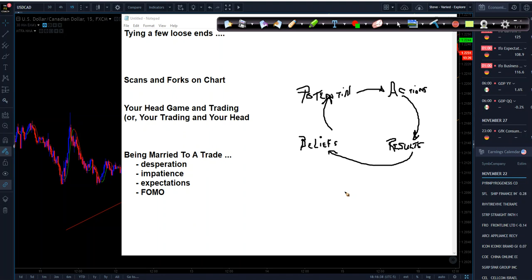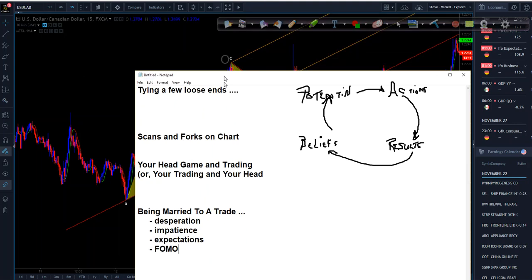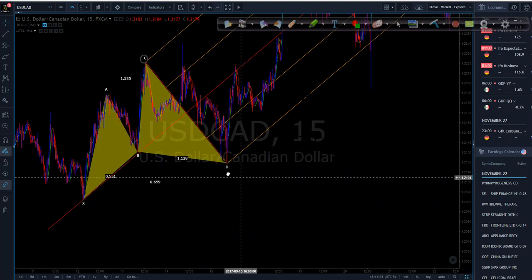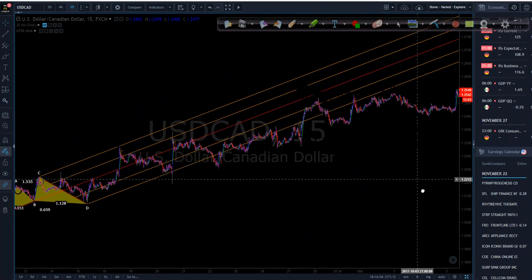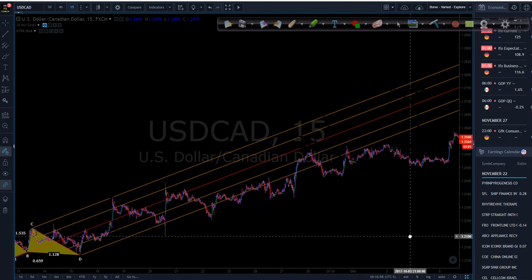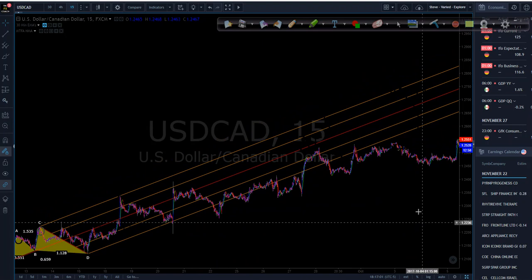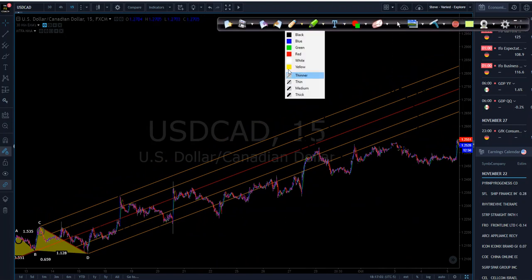So if you have a fork and you're way downstream on it, way down here, and let's say this came up a little higher and was bouncing, and you're circling and taking a trade on that. And well, look, I have a nice hit over here.